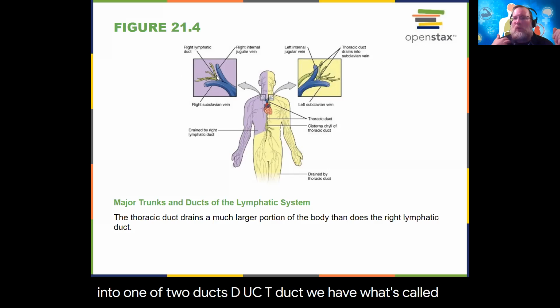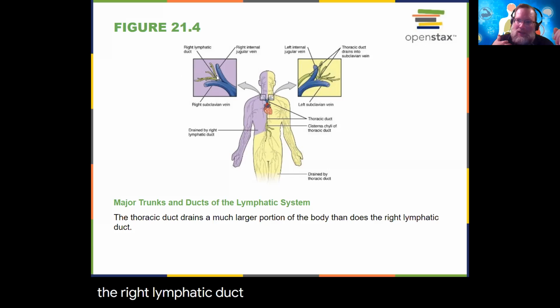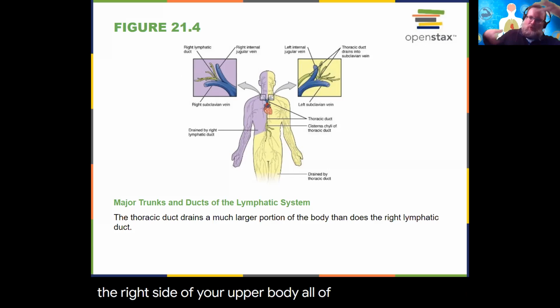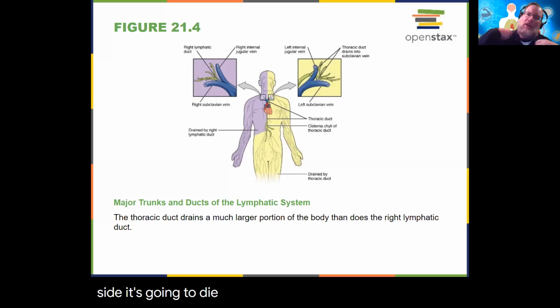We have what's called the right lymphatic duct. Basically all the lymph that's in your right arm, on the right side of your head, and on the right side of your upper body is going to dump right up here into what we call the right lymphatic duct.